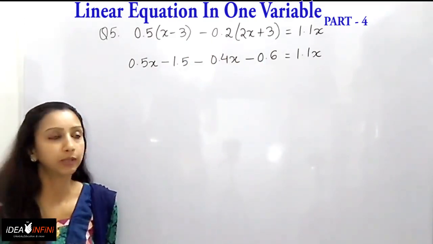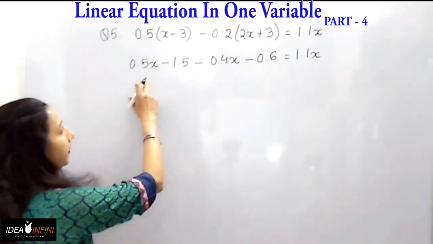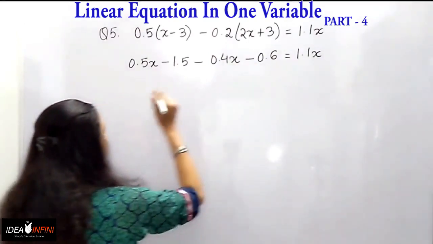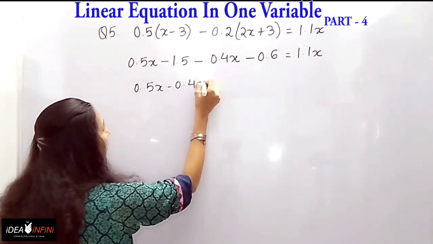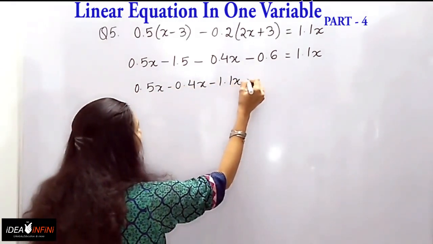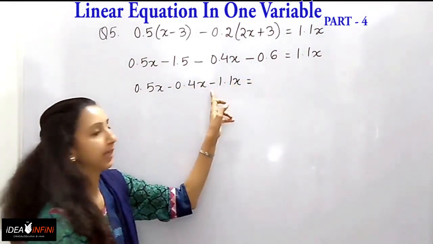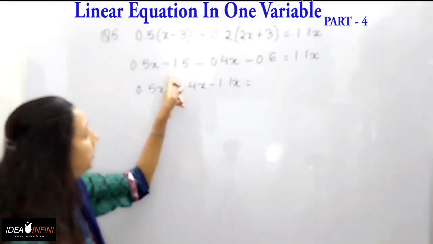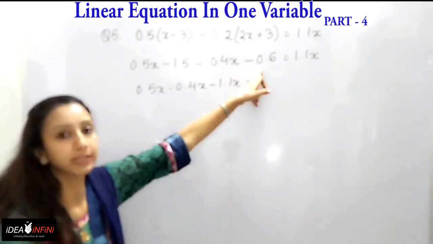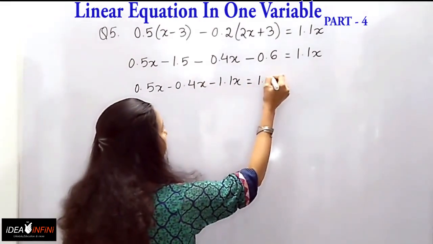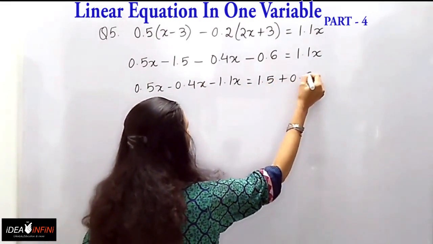Now I combine the variable terms first. 0.5x, 0.4x and 1.1x. Let's take them on this side of the equal to sign, all three variable terms. Here this positive becomes negative this side. Now I combine all the constant terms, minus 1.5, minus 0.6, and if I take them on this side, they become positive.